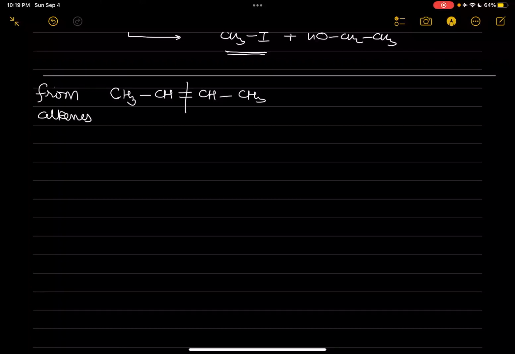From alkenes, it is very simple. You need to break the double bond, and for that you use ozonolysis. Lysis means breaking of the double bond. Wherever you have a double bond, that double bond breaks, and you put an oxygen atom on both sides. Is it clear?